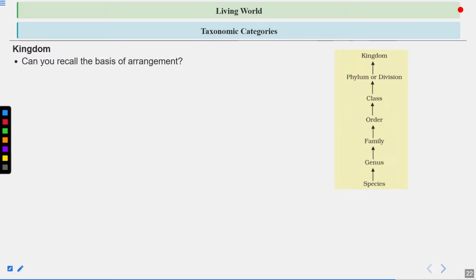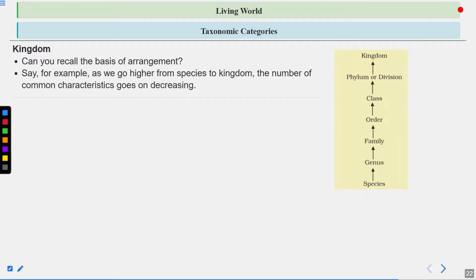Now, can you recall the basis of this arrangement? What was the basis of this arrangement? This arrangement, or these groups, were made on the basis of similar characteristics. So the living organisms were placed in groups based on shared or similar characteristics. As we go higher from species to kingdom, the number of common characteristics goes on decreasing.